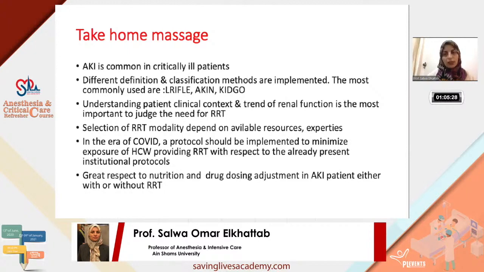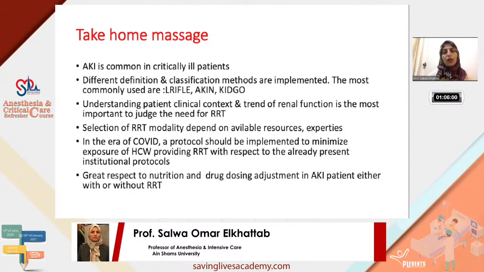Volume of distribution can be calculated. At the same time, whether your drug is dialyzable or not dialyzable makes a difference. For intermittent dialysis, of course, we give dialyzable medications post-session, post-hemodialysis, or you might give an extra supplementary dose. It needs thinking about pharmacodynamics and pharmacokinetics. You have to go to the drug information published by the manufacturer, but you have to calculate your clearance.